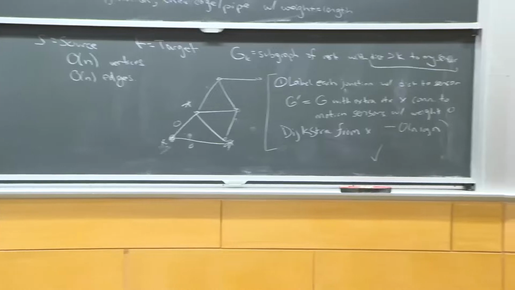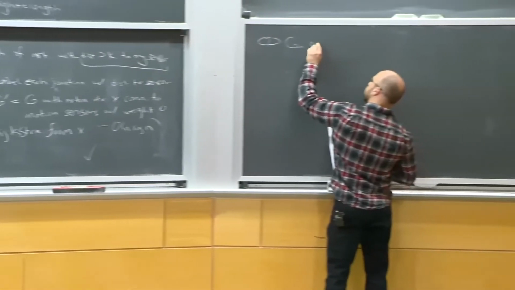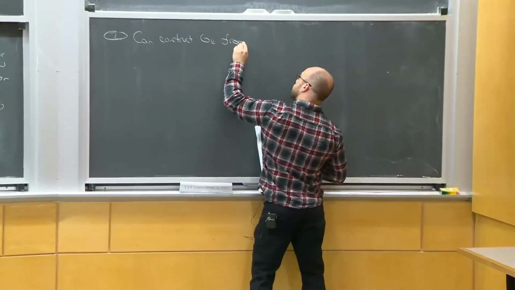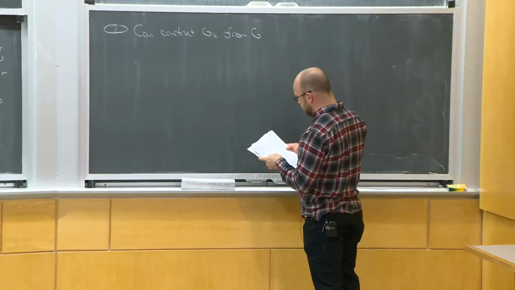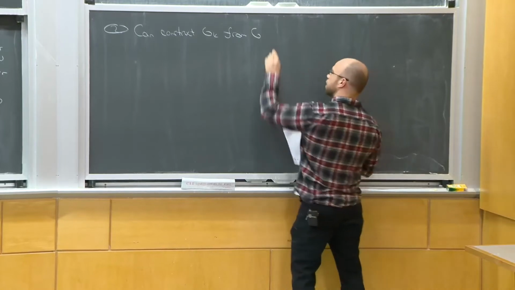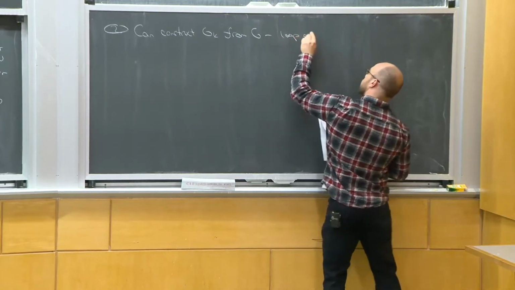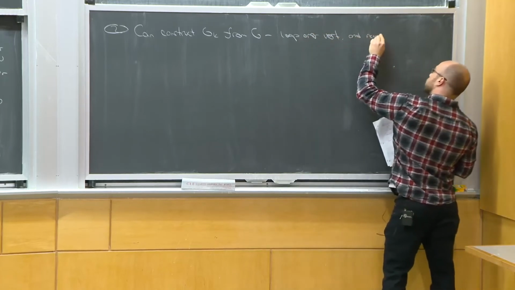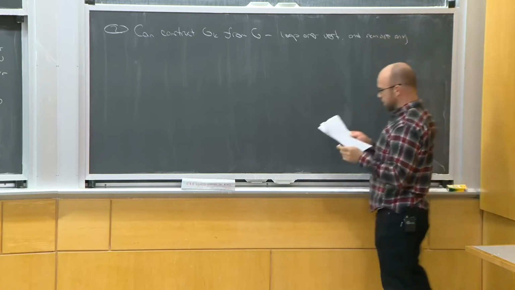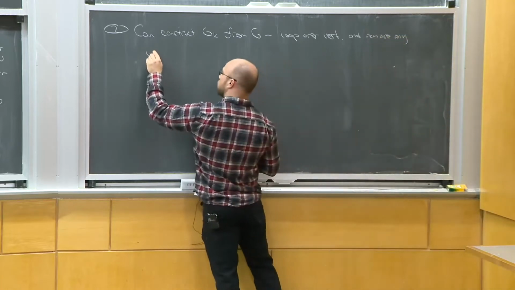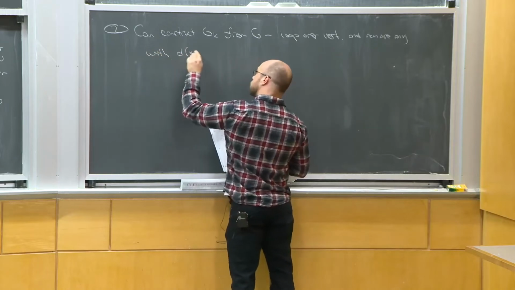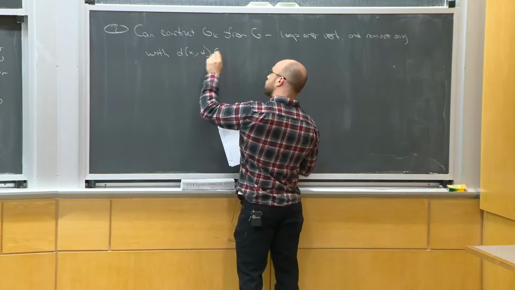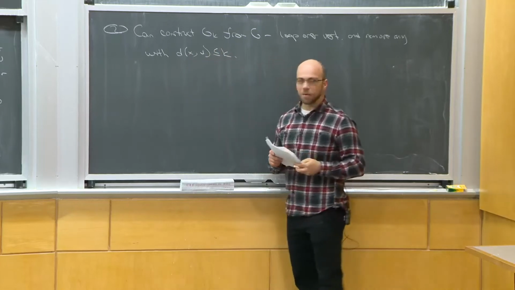So we can construct GK from our original graph G. And that's really easy to do, just by looping over the vertices and removing any whose distance is too small, rather. That makes sense, because those are the ones that are dangerous.